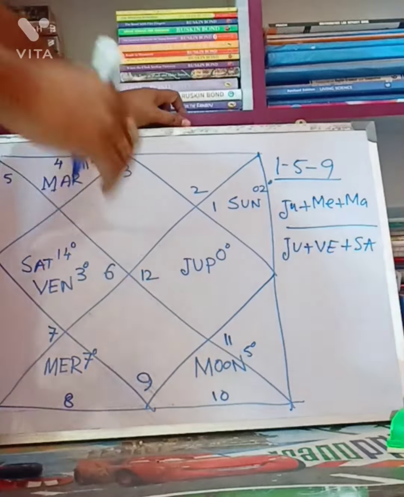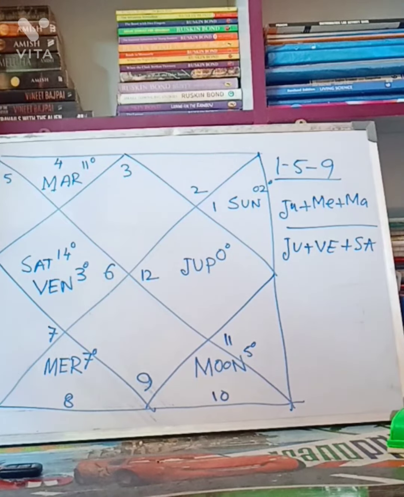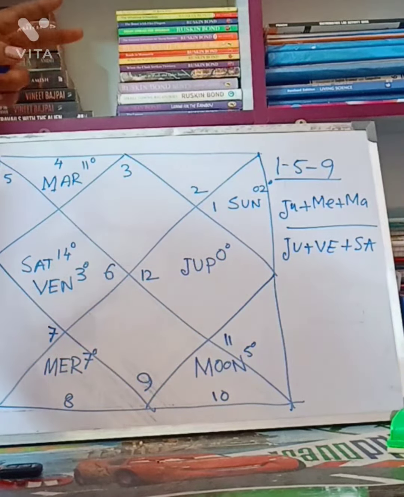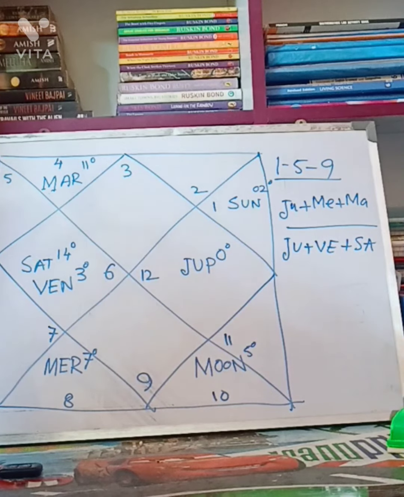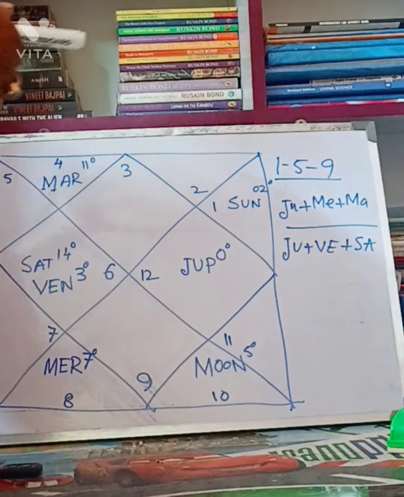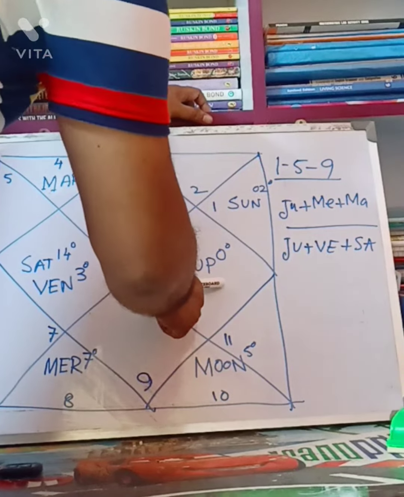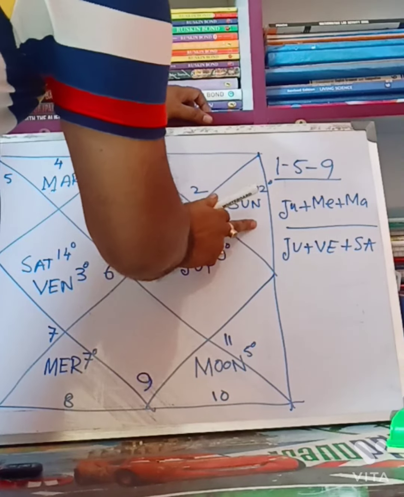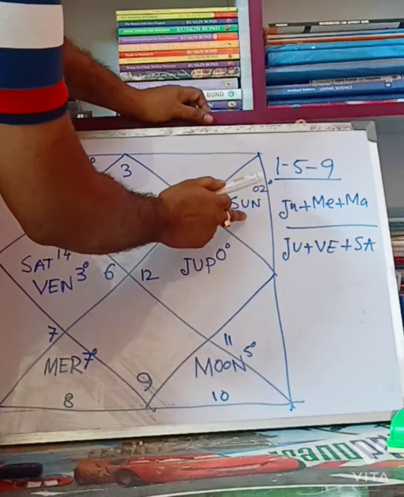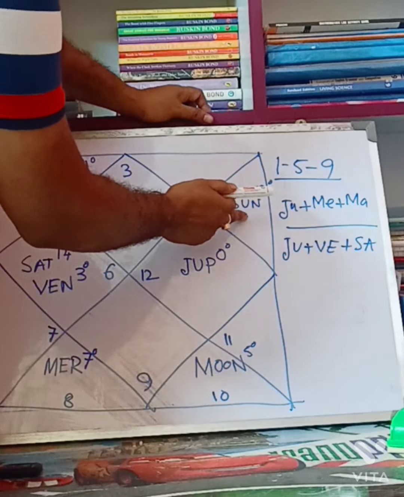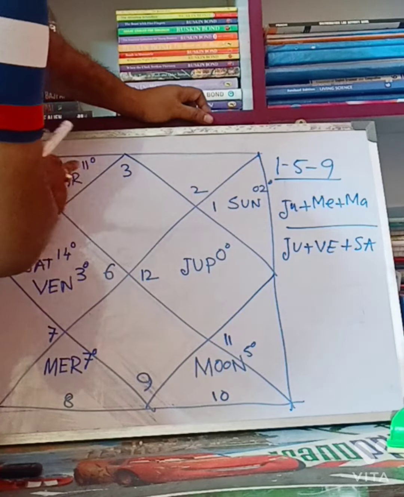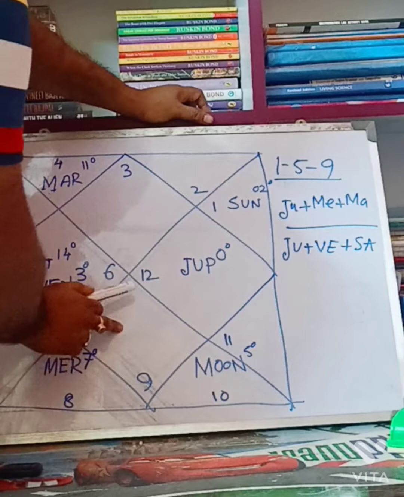And then there are 2 more connections, the 2-12 connection and the 3-11 connection. So what is the 2-12 connection? Here Jupiter 1, 2, and from here, if we count from Sun, from the 11th house, 1, 2, 3, 4, 5, 6, 7, 8, 9, 10, 11.